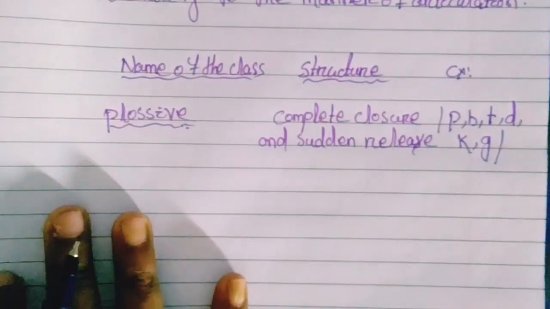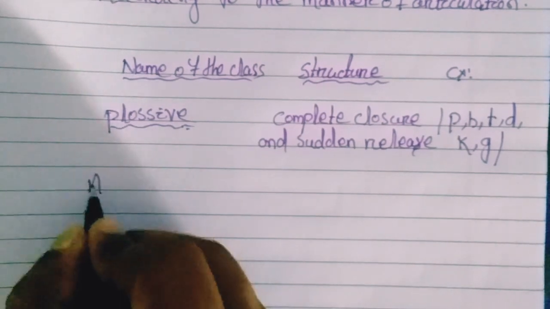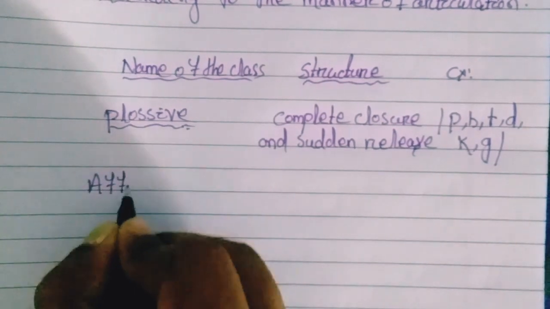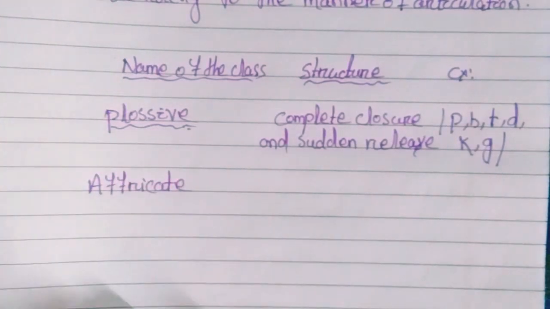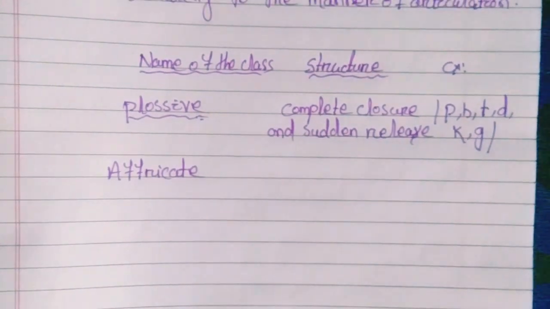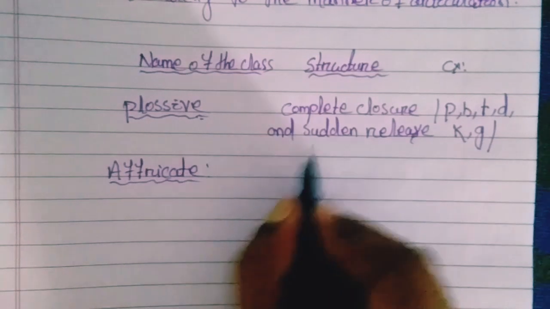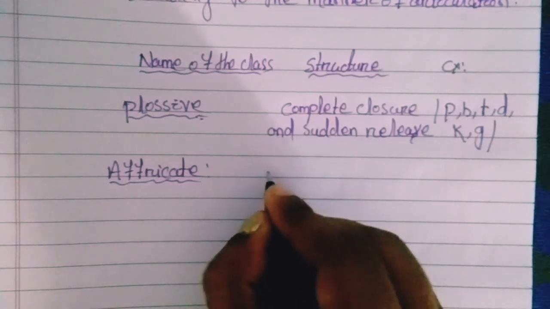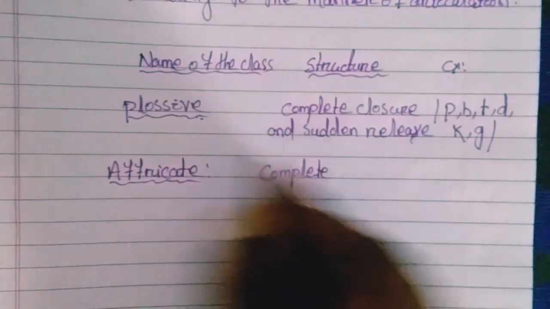The next one is affricate sound or affricate consonant sounds. Affricate consonant sounds are those sounds where the structure of our mouth is complete closure, like plosive.